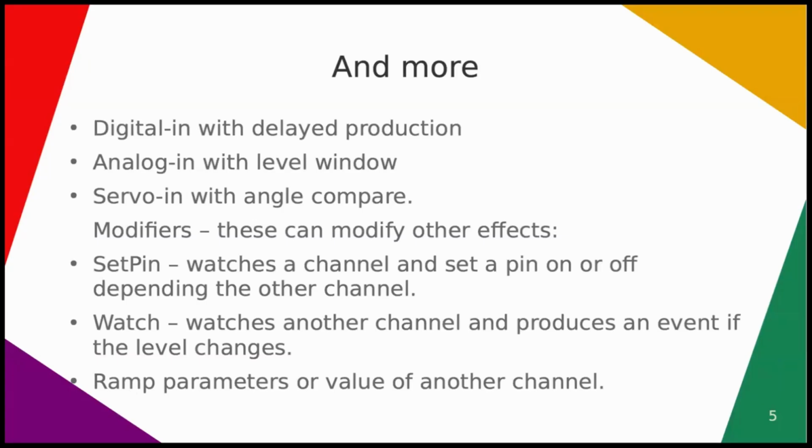So you can set that on a servo output and then tell it to send an event if the servo goes below a level or goes above a level. And then there's ramp modifiers, which you can actually tell it to change the parameters of the other channel. So you could change the brightness of an LED, say, over time.